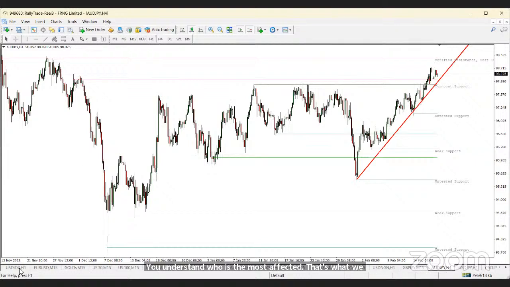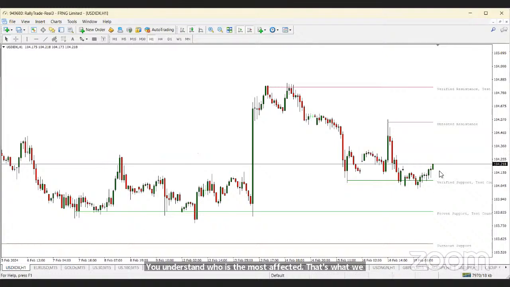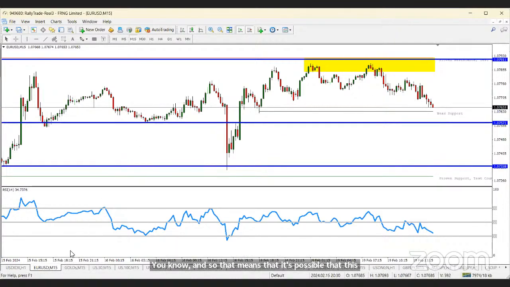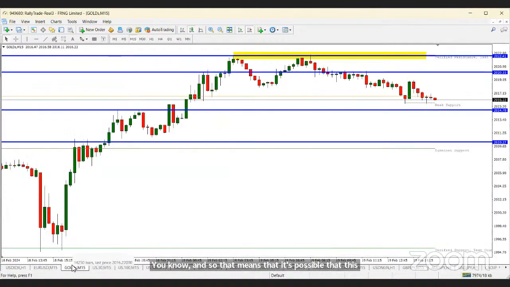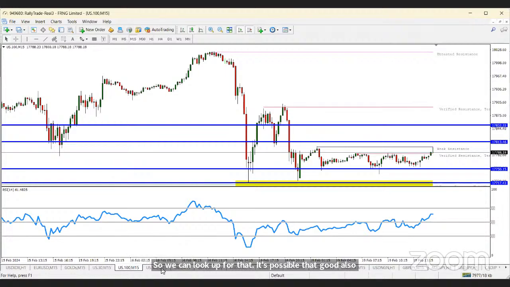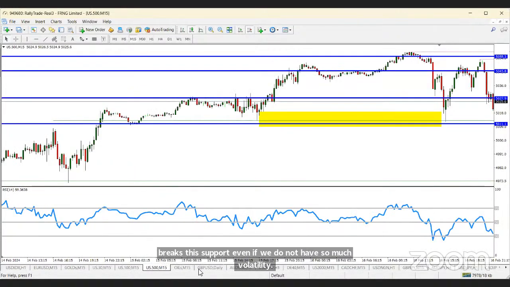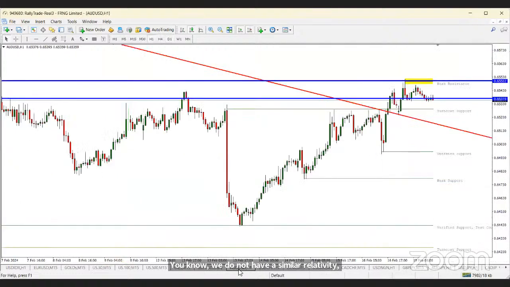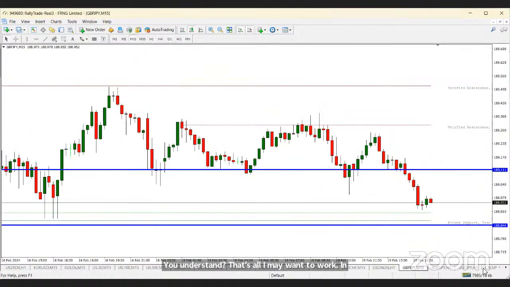The dollar index is still looking bullish, so it's possible that this instrument breaks this weak support. It's possible that gold also breaks this support, even if we do not have so much volatility. The dollar is currently strong, and that is what we might want to work in accordance with.